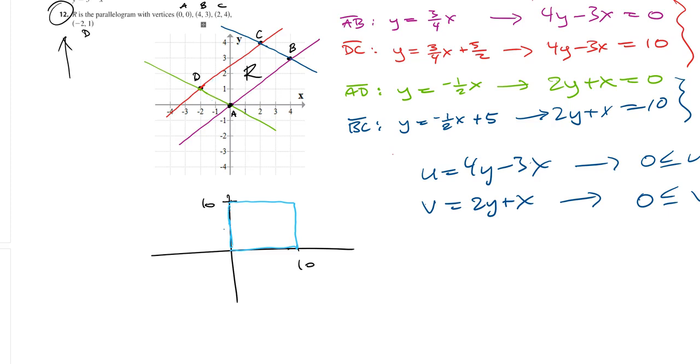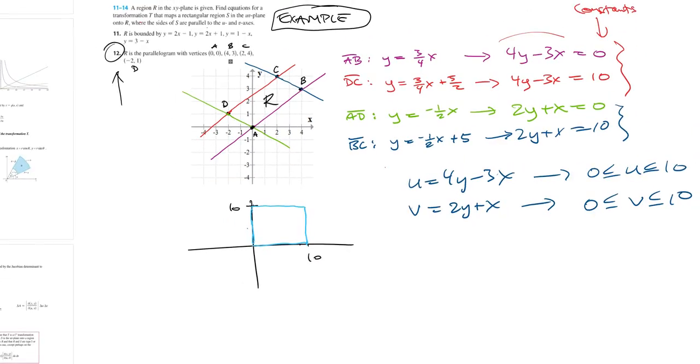Try to think about it. All right, so I have the u-axis and the v-axis, and my transformation goes from simple to more complicated, that's T, and from more complicated back to simple, that would be T inverse.